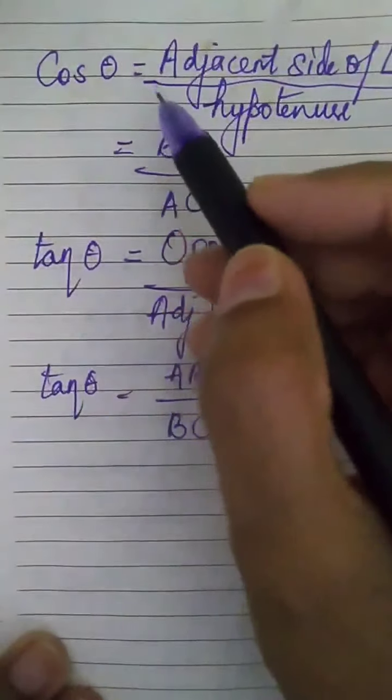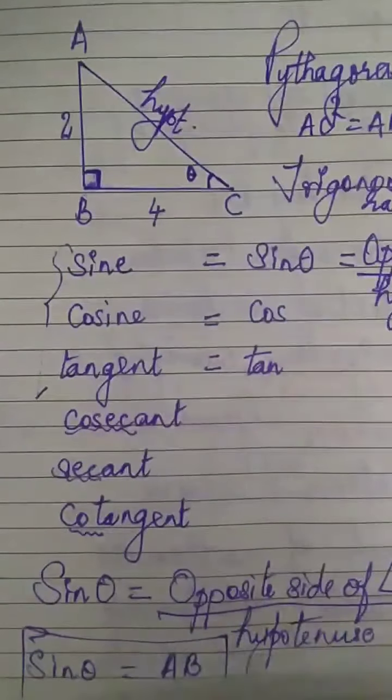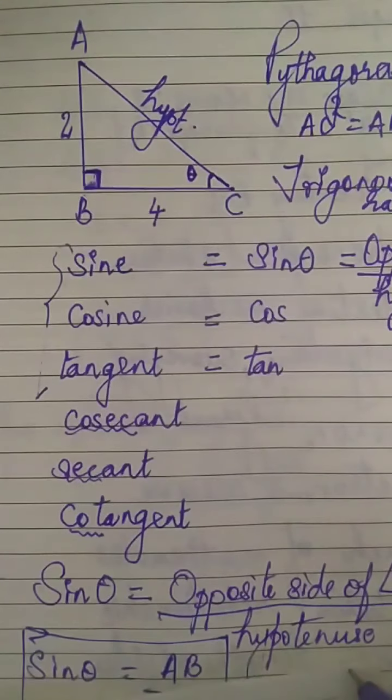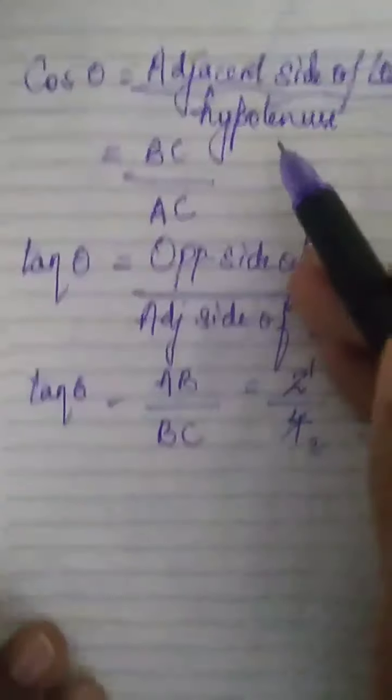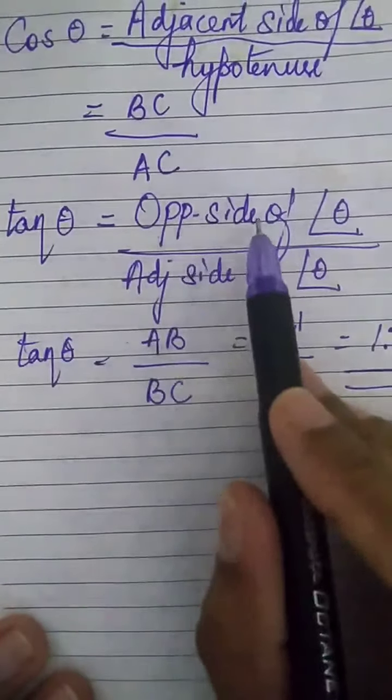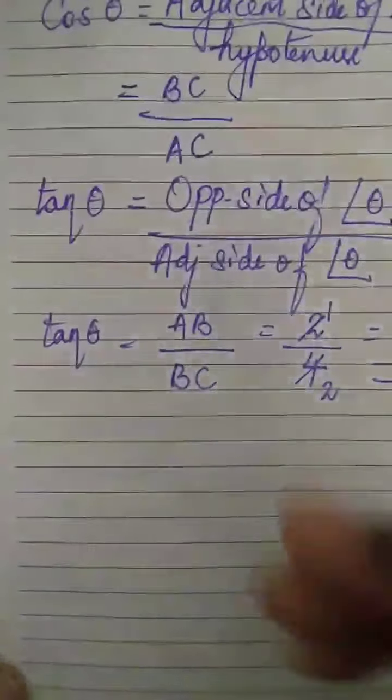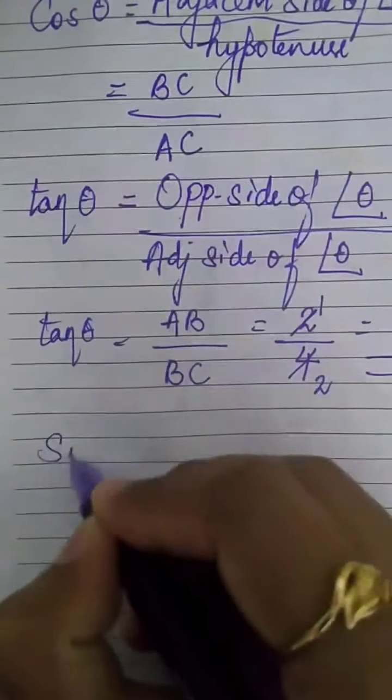For 9th standard, you just have to learn sin theta, opposite side upon hypotenuse, cos theta, adjacent side upon hypotenuse, and tan theta, opposite side upon adjacent side. If you want, I'll give you a clue to remember it.